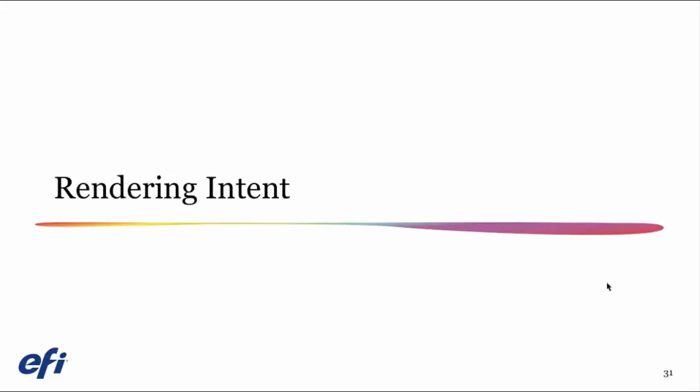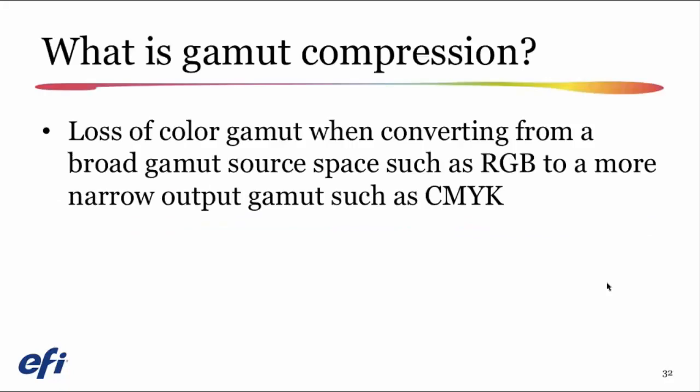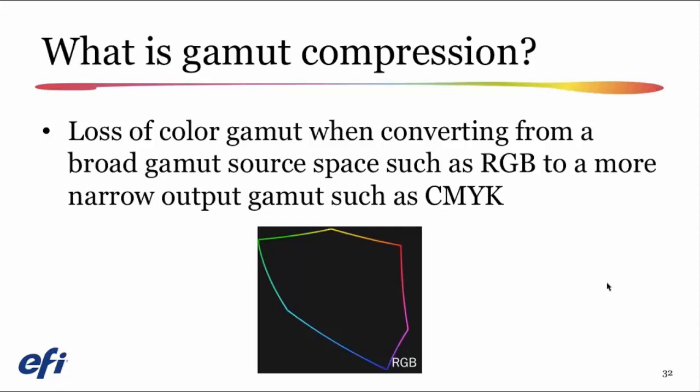Speaking of overcompression of colors, let's talk about rendering intent and gamut compression. So the first piece of this to understand is that gamut compression happens whenever I color manage colors from a large space, which might be my RGB source of Adobe RGB or sRGB, into a smaller space, which is typically going to be the CMYK of my output device.